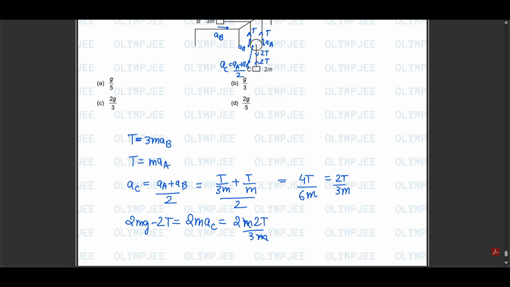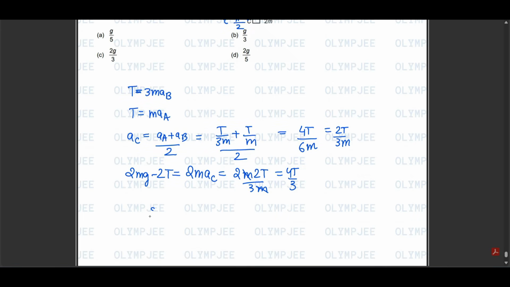So m and m get cancelled. This is 4T by 3. So 2mg is equal to 4T by 3 plus 2T. So taking the LCM, this would become 10T by 3. So this implies that tension is equal to 6 by 10 mg, which is 3 by 5 mg.